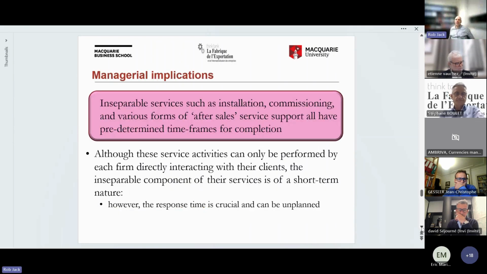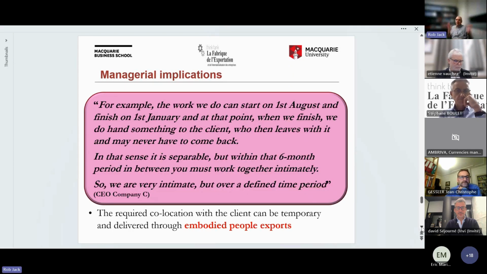As we've seen, inseparable services such as installation, commissioning, and various forms of after-sales service all have predetermined timeframes for completion. The service component is of a short-term nature, but the response time is critical. Now, this is the key element in relation to their international strategy. This puts it in a nice little quote, from company C. I think it's quite evident, although I'll read it out.